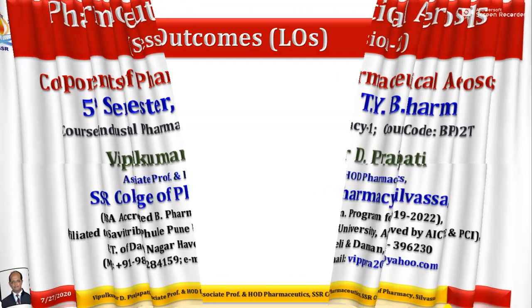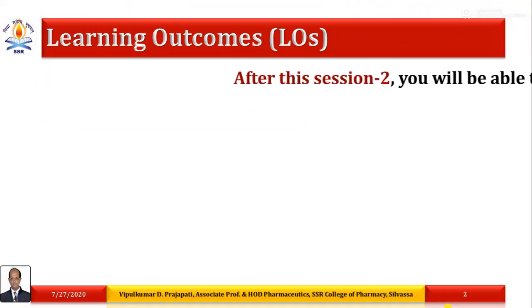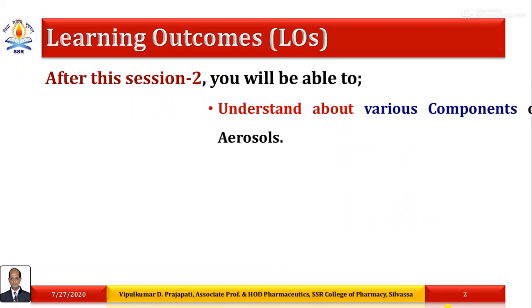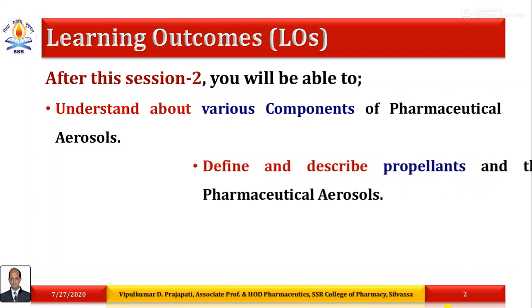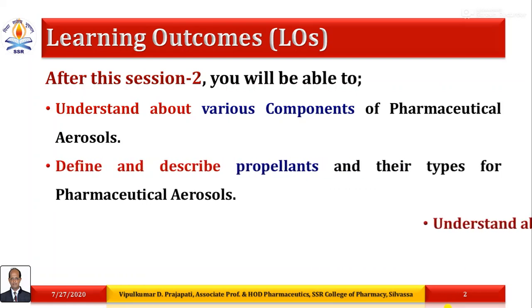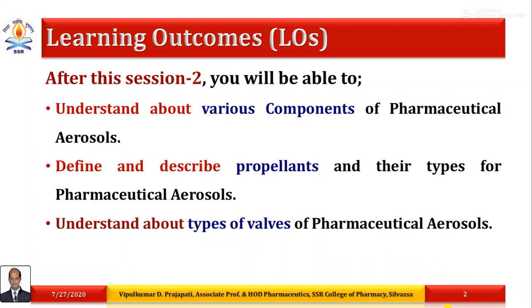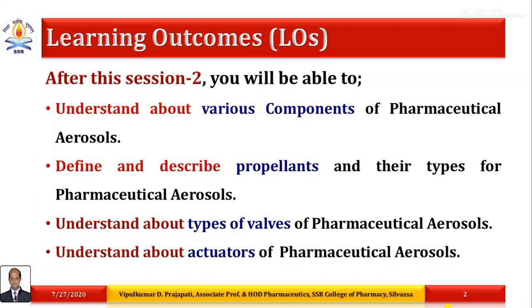The learning outcomes of this session: after this session 2, you will be able to understand about various components of pharmaceutical aerosols, define and describe propellants and their types for pharmaceutical aerosols, understand about types of valves of pharmaceutical aerosols, and understand about actuators of pharmaceutical aerosols.